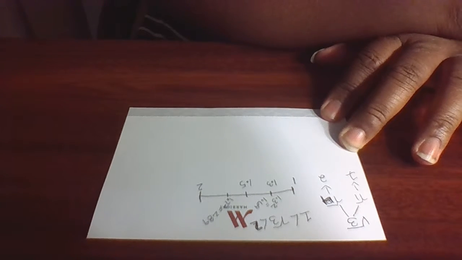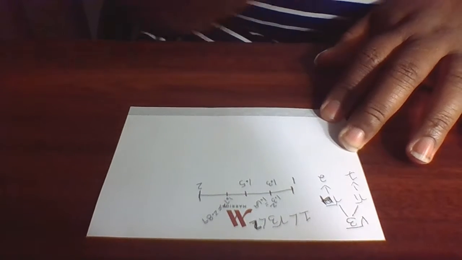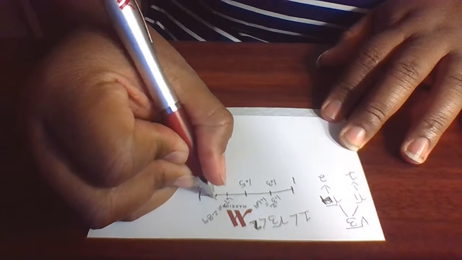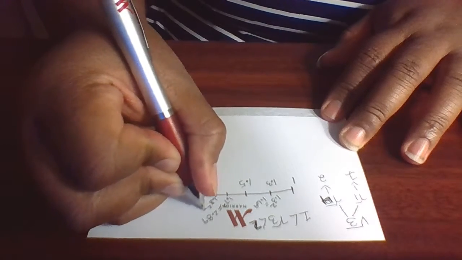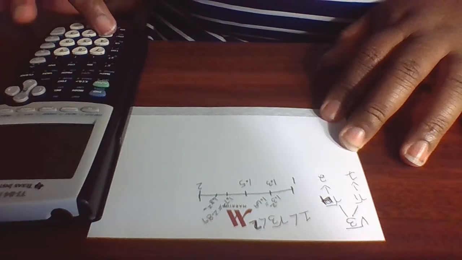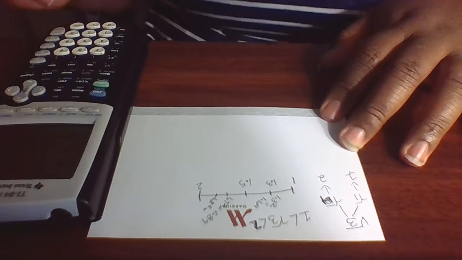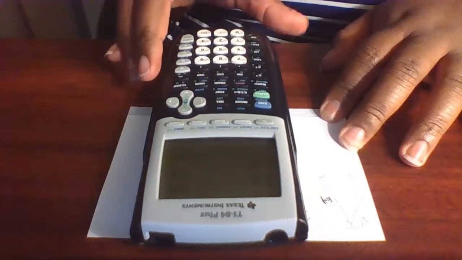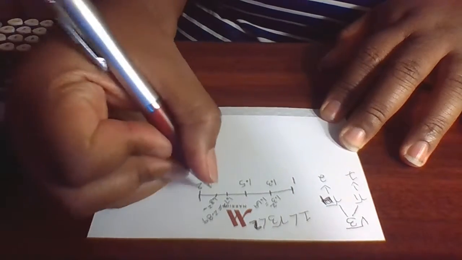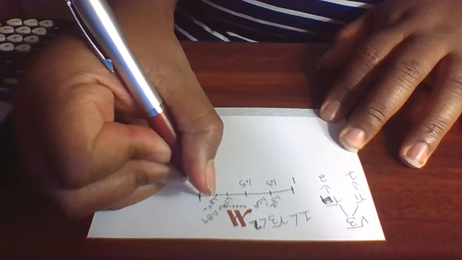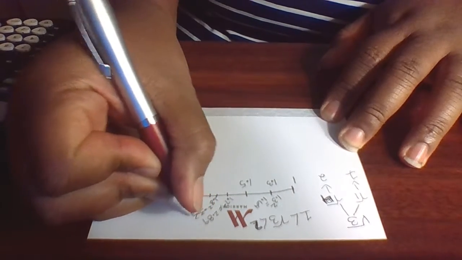So what I'm going to do now is I'm going to square 1 and 8/10. I'm going to do it on my calculator over here really quick. So 1 and 8/10 squared equals 3 and 24/100.